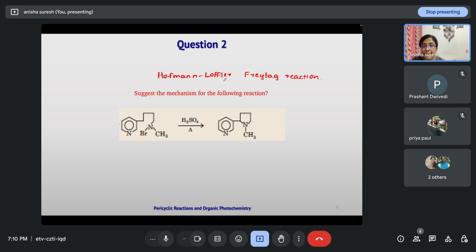Okay. So this can take place either under photochemical condition or under thermal condition. So what is the mechanism for this reaction? Please try to work it out.